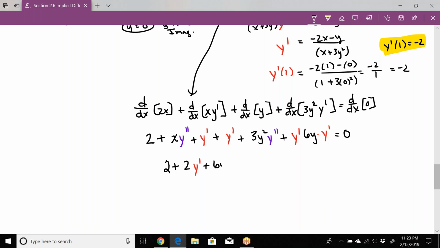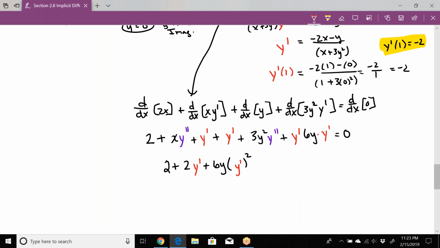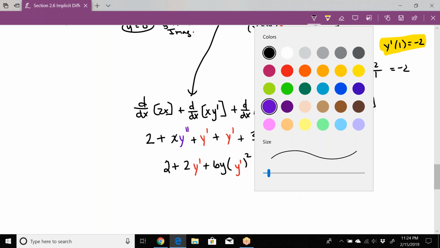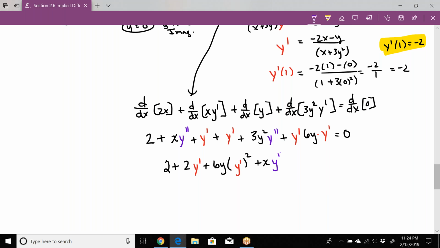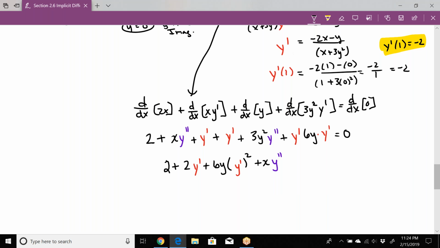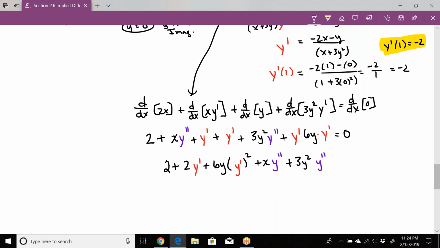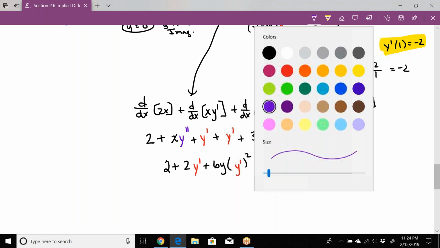That was plus 6y, and then it's a y prime squared. And then all of my other terms had the blue in them. So plus x y double prime and plus 3y squared times y double prime. Just color coding this so you can kind of follow along what we're about to do. Equals 0.